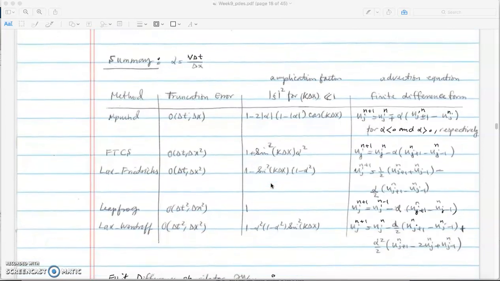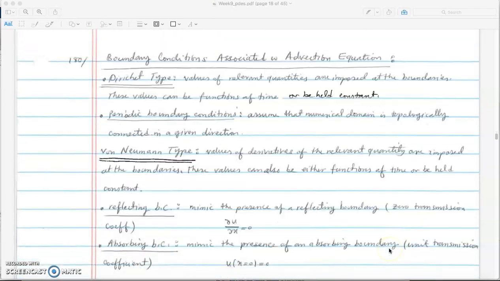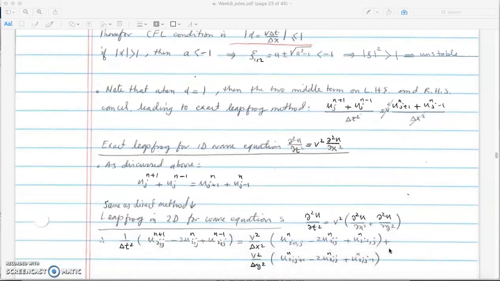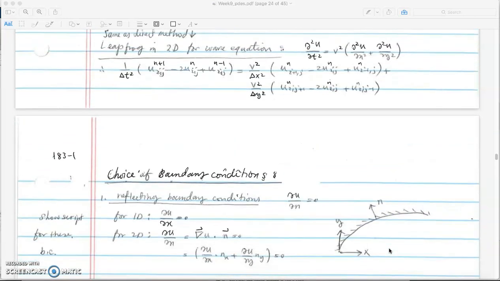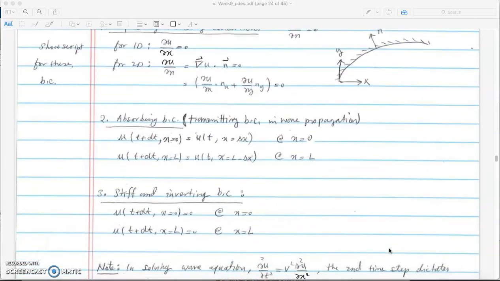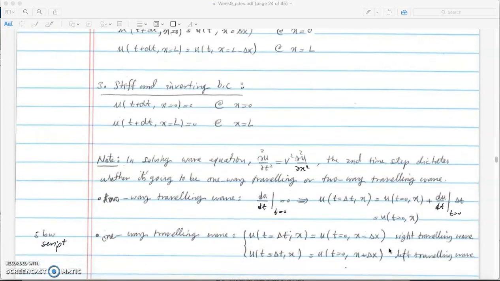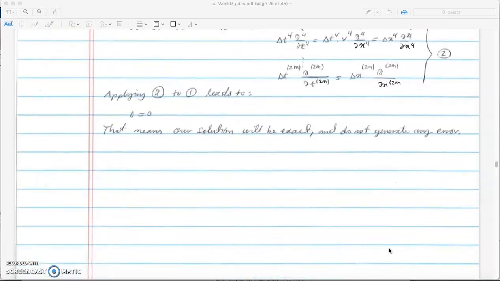And if you look at this table, at the bottom here we have the discretization of Lax-Wendroff. So all we do is just plug in the u equation right here. And remember, for wave equation we have two equations, one for r and one for s. Basically three: one for r, one for s, and one for u.